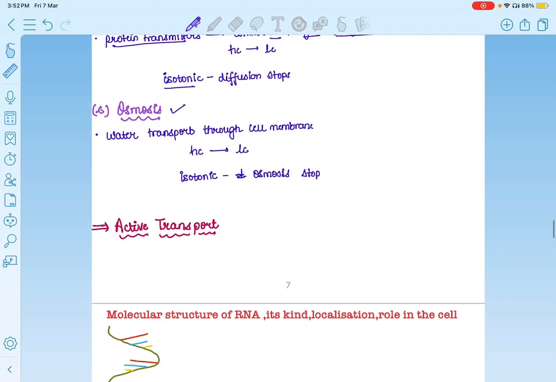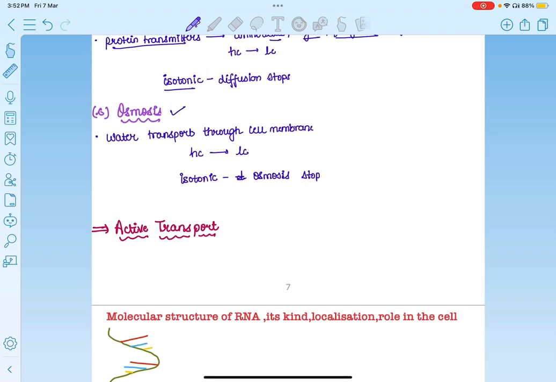Now we have the active transport. Active transport is just the reverse, or the opposite, of passive transport. We needed no energy expenditure in passive transport, but here we have energy expenditure. In passive transport, we were moving from higher concentration to lower concentration, and here we are moving from lower concentration to higher concentration.